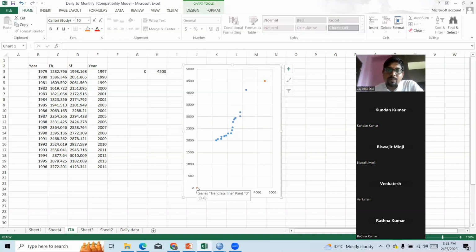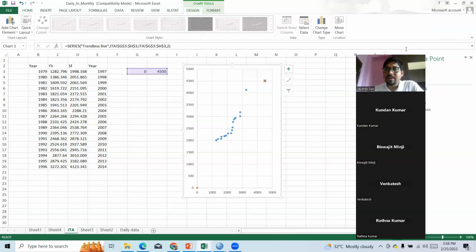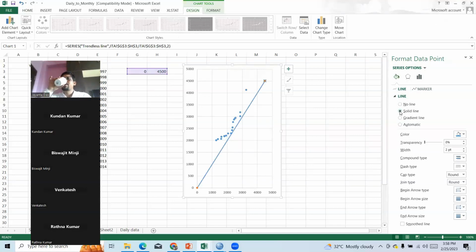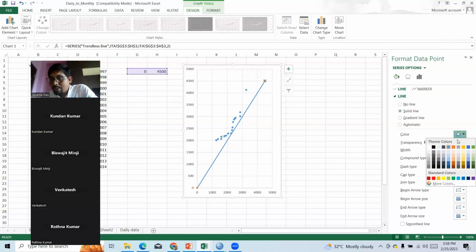Now see here two points. Select this, and here you can find fill and line. Then here, no line, select solid line. Now for the solid line, you can change this color. Okay, I want to give red color.